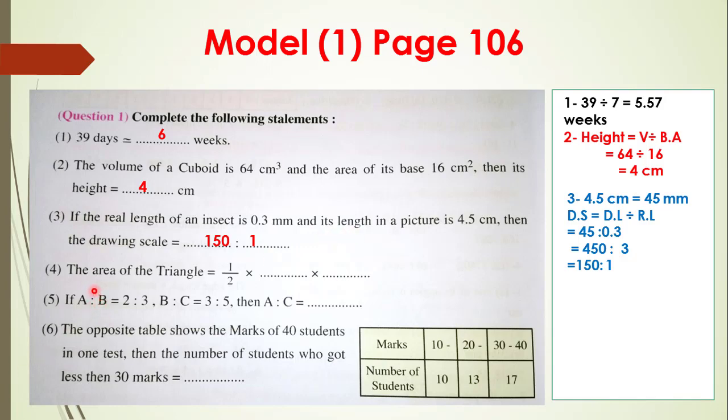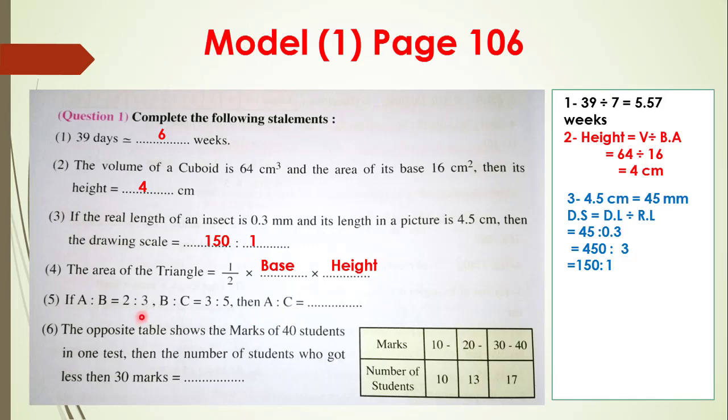Number 4, the area of the triangle equals half times base times height. This is accumulative information. In primary 5 we studied how to calculate the area of a triangle. Number 5, if A to B equals 2 to 3 and B to C equals 3 to 5, then A to C equals.